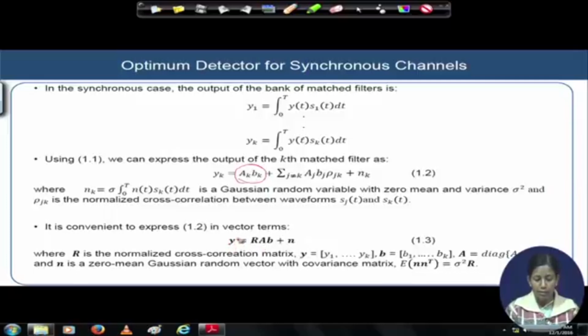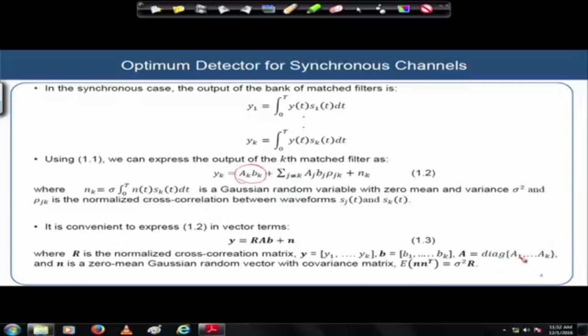Bold y is the combination of the values y1 to yk. Correspondingly, b is the combination of b1 to bk. Capital A is the diagonal matrix from A1 to Ak. So, associated with each transmitted symbol, you have a corresponding received amplitude, varying from A1 to Ak.